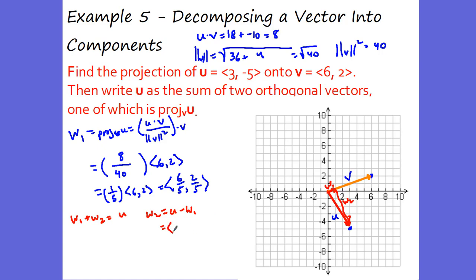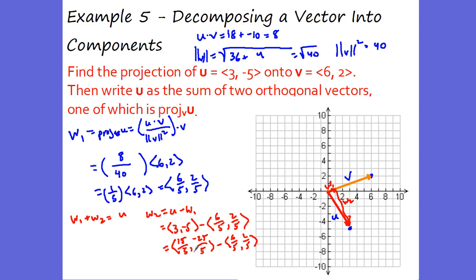Vector u is 3, negative 5, minus w1. I just found what w1 was. w1 was the projection of u onto v, so w1 was 6/5 and 2/5 in the x and the y. Again, I've got to get some common denominators here, don't I? So I end up getting 15/5, that's 3, and negative 25/5, that's negative 5, minus 6/5, 2/5.